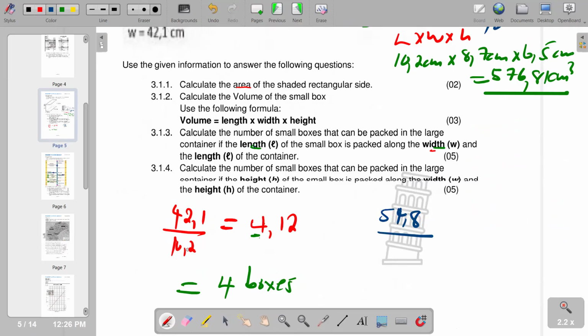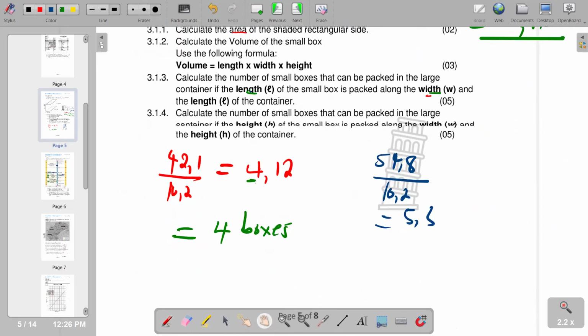You're going to get 5.3, which is equal to 5 boxes to the nearest whole number.